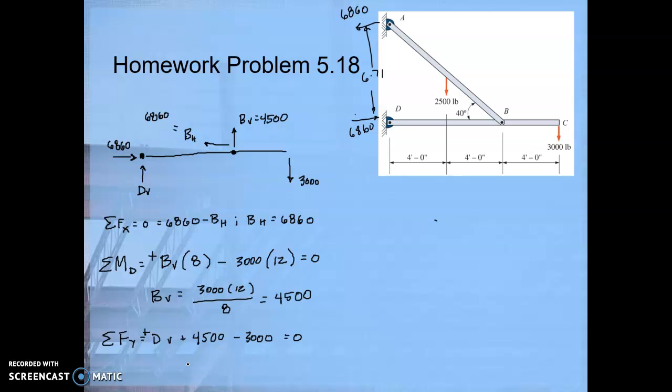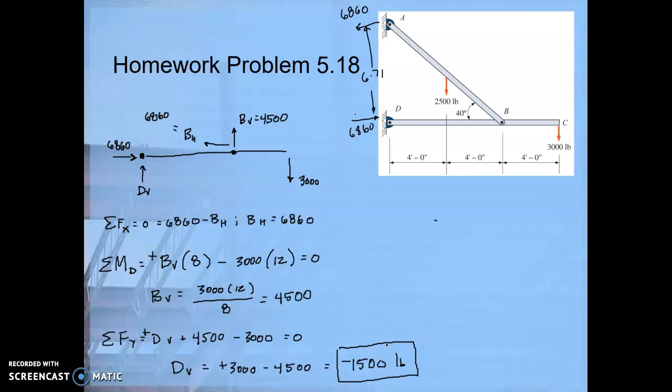So if we solve for DV, watch what happens here. We've got DV equals the positive 3,000 and the negative 4,500. You get negative 1,500. So up until now, when I have been guessing at the sense of a force or reaction, I've basically been correct every time.